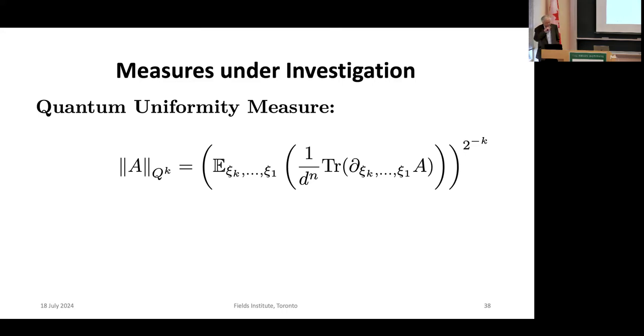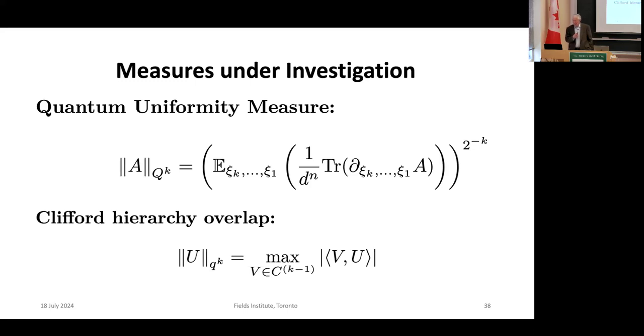It's got by taking the k-fold derivative of a matrix A and taking its normalized trace, and its expectation over the different translates. And then there's an overlap, which is a related measure, which is just how far a particular unitary is from the set of unitaries in C_(k-1).